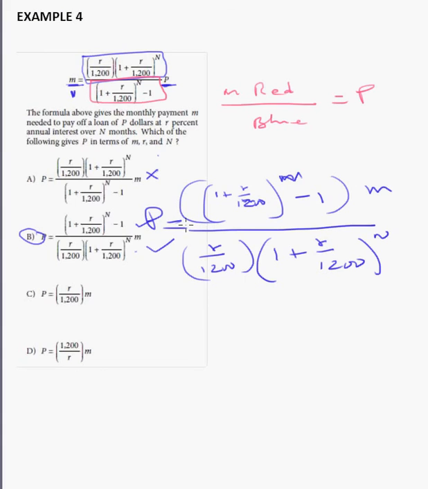So this is equal to P. You can do some of this by inspection without necessarily writing all this stuff down, because this is just a slow process. So the answer here is B.